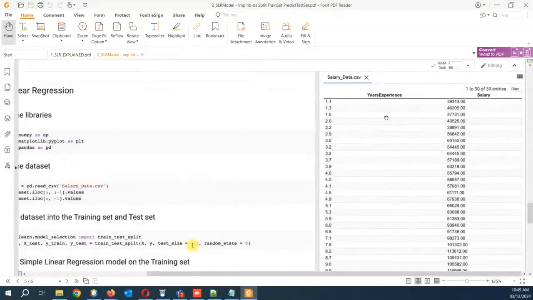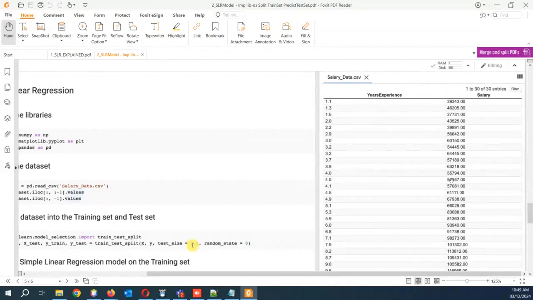The scenario is that somebody who has this many years of experience, the salary of that person is falling in that range. So somebody who has 1.1 years of experience, their salary is predicted to be 39,343. Somebody who has 1.3 years of experience, wow, that's a good increment, expecting it to be 46,205, right?